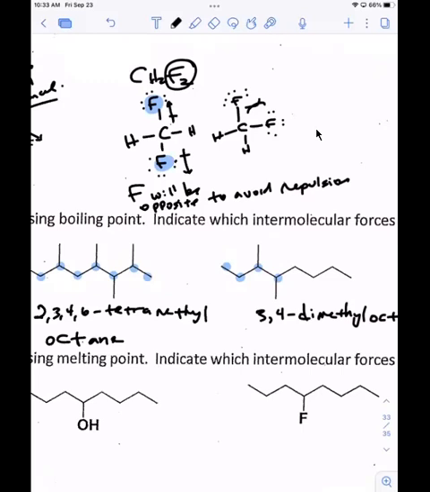Molecular weight, structure. Okay, I think I found it.